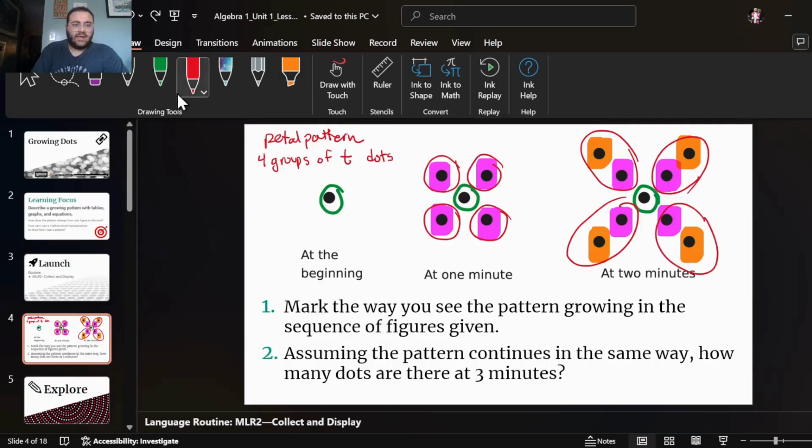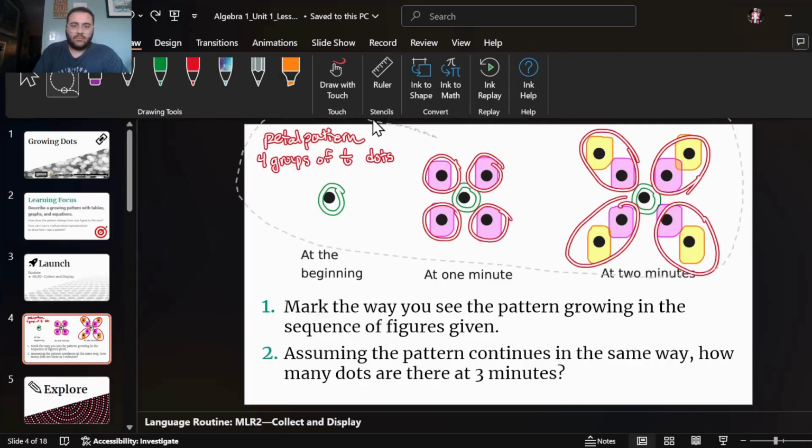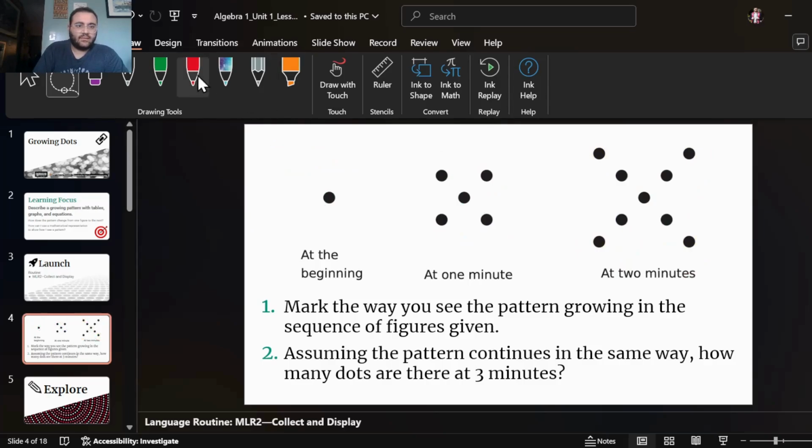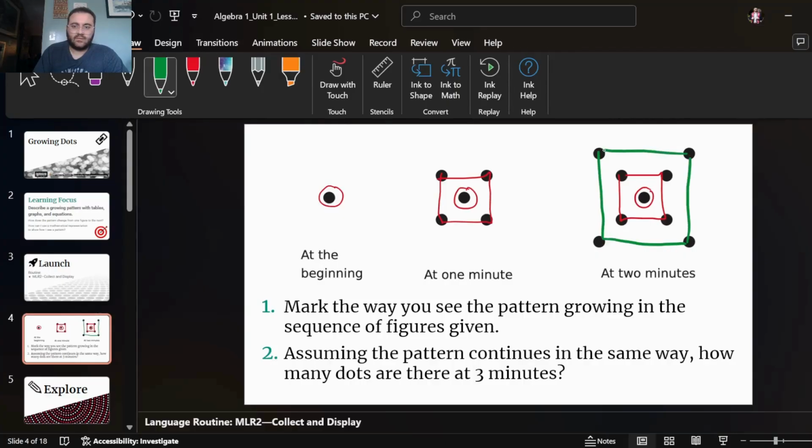Another pattern that students tend to find pretty easily is that we always start with the 1 dot, that's true. But from there, we can make this connection here. There's this kind of box pattern.